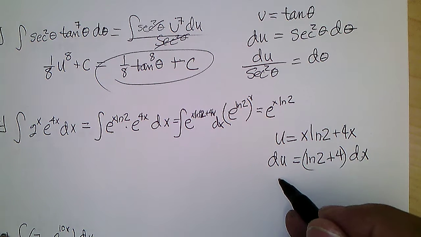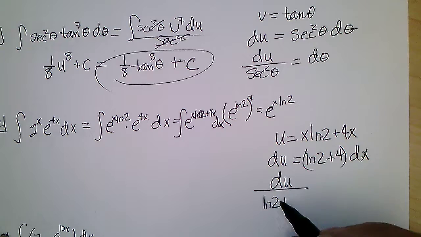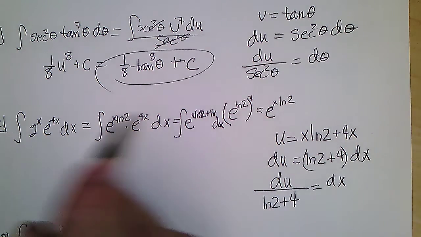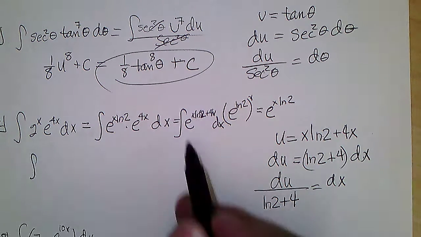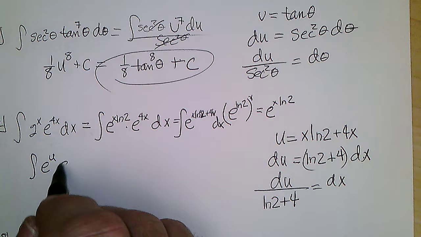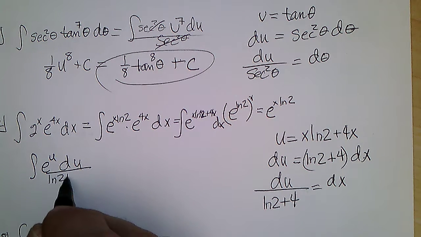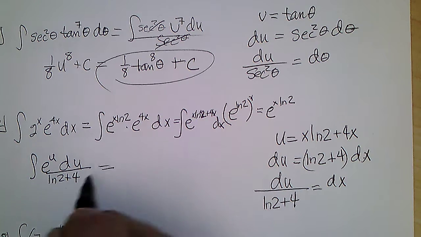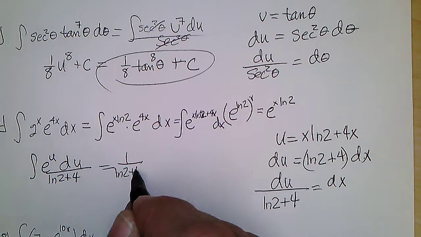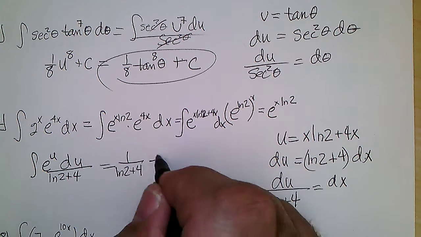So I'm going to replace dx with du over ln 2 plus 4. So I have the integral of e to the u du over ln 2 plus 4. This comes out.